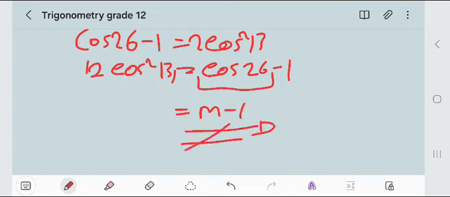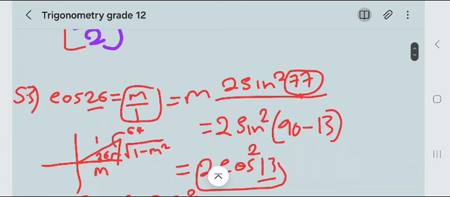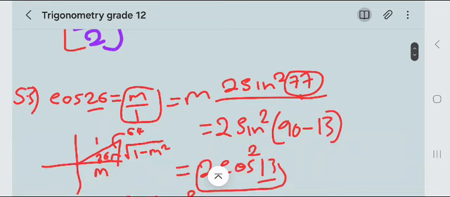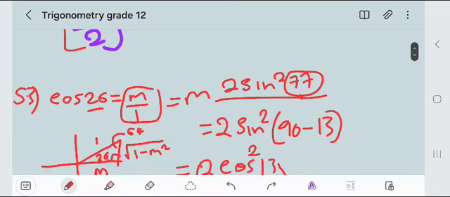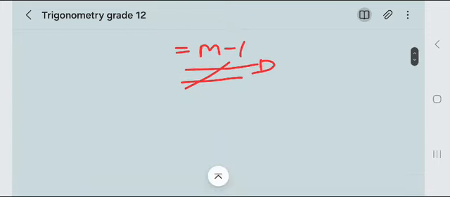Finish. Simple like this, isn't it? Therefore, 2 cos squared 13 is this. So without using a calculator, here's the final answer, m plus 1.